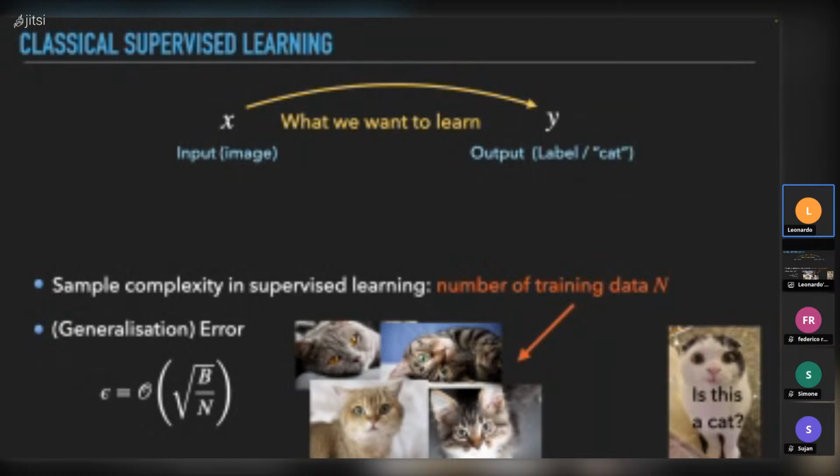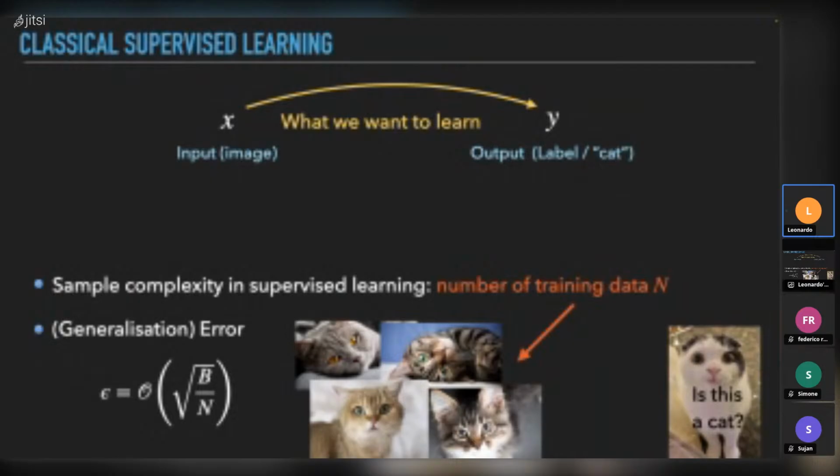Then you train the model, and then you validate or test the model with some new image, like an image of a cat. You ask the model, is this a cat or not a cat? The probability that this model gives you the wrong answer is something that we can estimate theoretically.